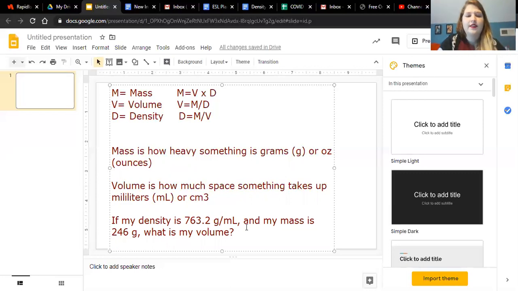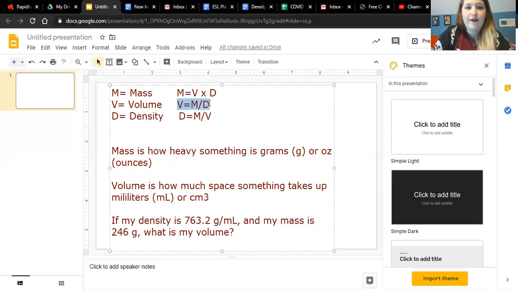So just like math, you're going to look for all the numbers first. My first number is 763.2, and it says density is. So I know this is my density also because it has two variables. And my mass is 246. So what is my volume?